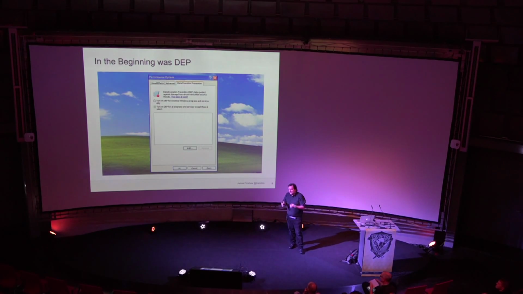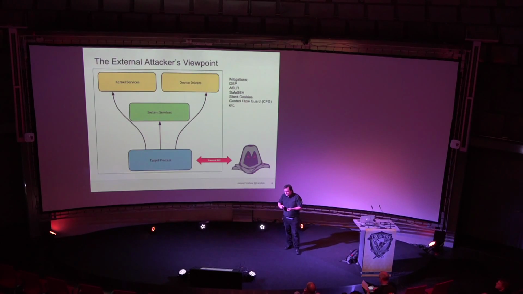Now, I'm sure even if I asked for hands of who didn't know what DEP, or no execute protection, was, there probably wouldn't be many people admitting to that. But DEP was pretty much Microsoft's first attempt at a process level mitigation to make exploitation more difficult. It's part of a class of similar mitigation strategies, things like ASLR. ASLR, Address Space Layout Randomization, is there to try and make DEP more useful.